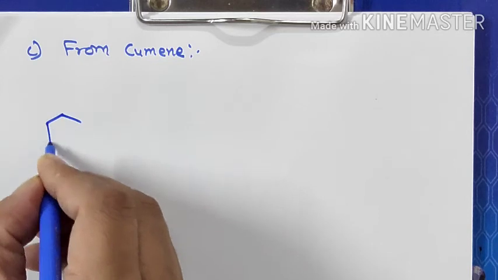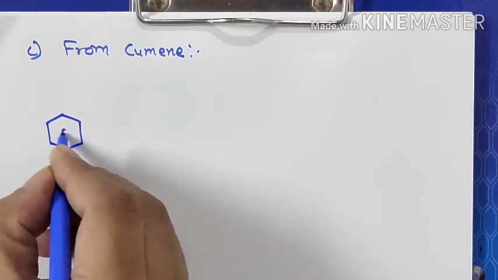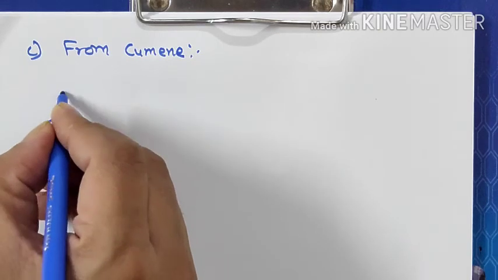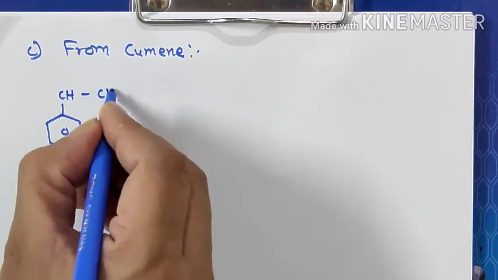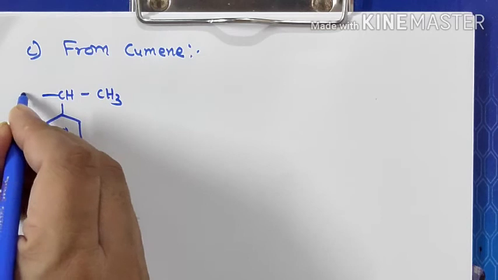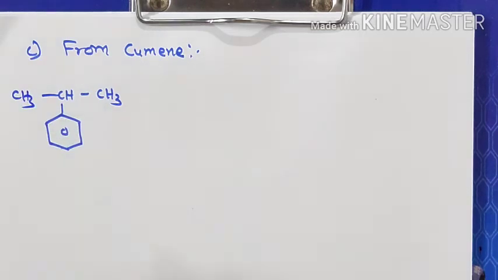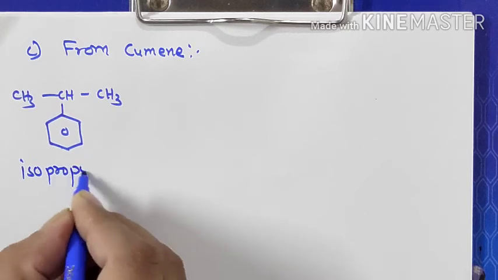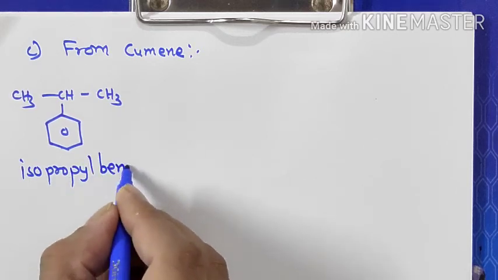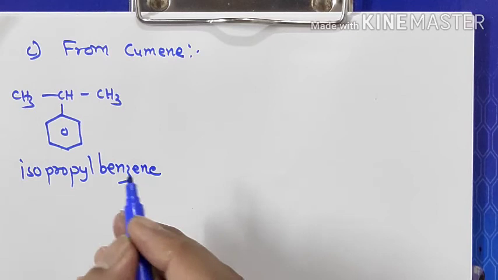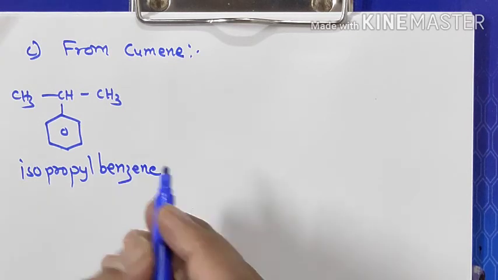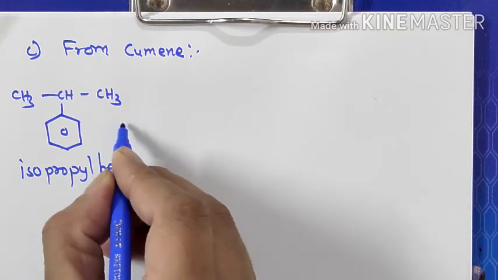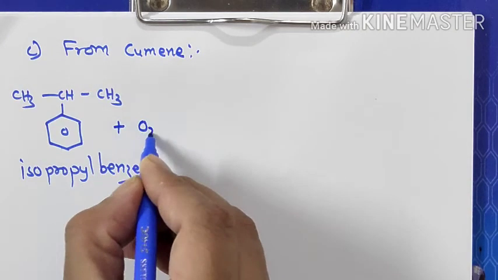I take benzene, and to this there's a group isopropyl, CH, CH3, CH3. This is called isopropyl benzene, or is also called as what? Cumene. Okay, we oxidize this.